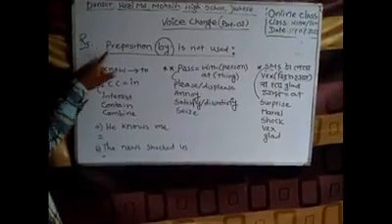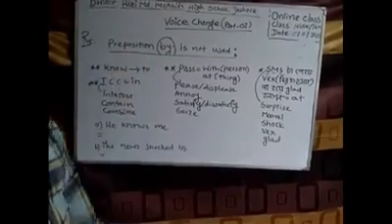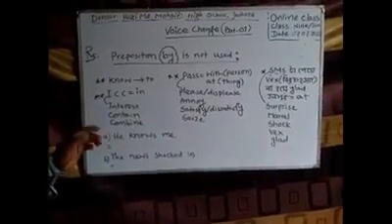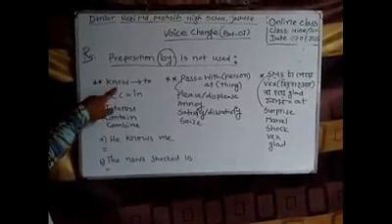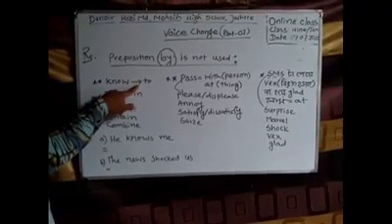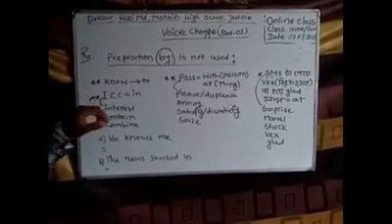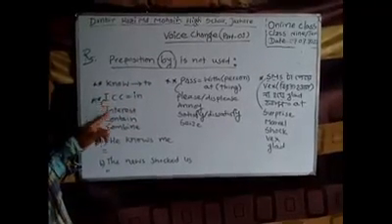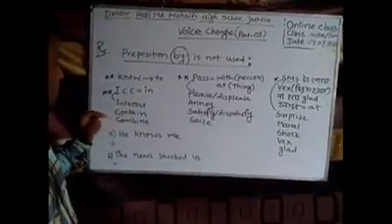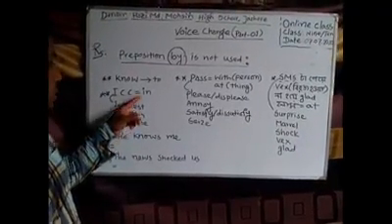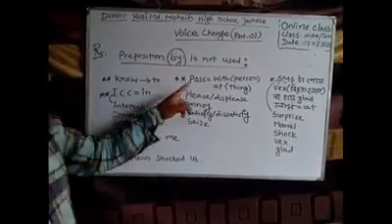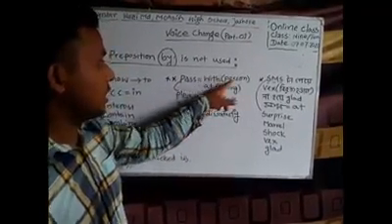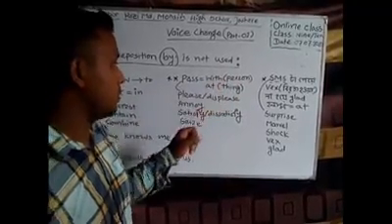So rule number 5: preposition by is not used. So I have written here some tricks. No, before no, after no we use to, not by. Another ICC, that is I interest, C contain, C combine. After these words we use in. Another PASS, we use with or at. With at the time of person, at the time of thing.